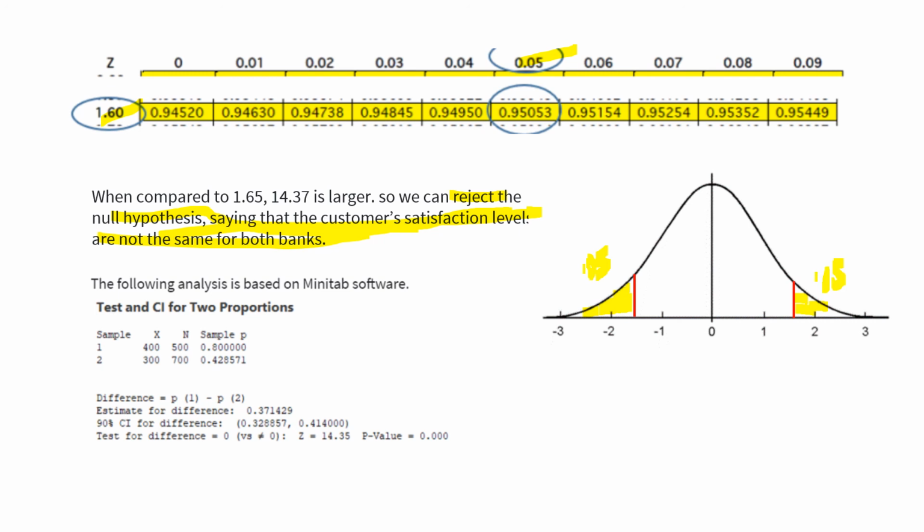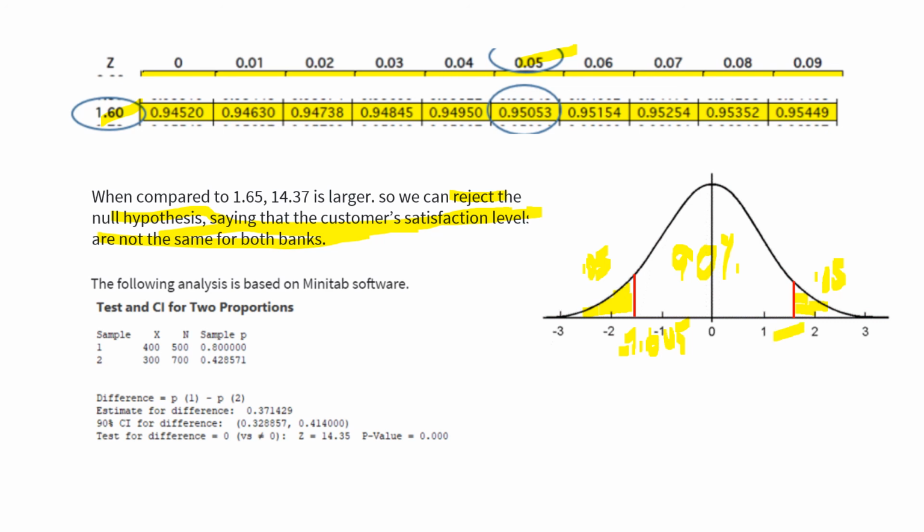That means 90% of the area under the curve is greater than minus 1.645 and less than plus 1.645. That is 90%, and these two tails together are 10%.